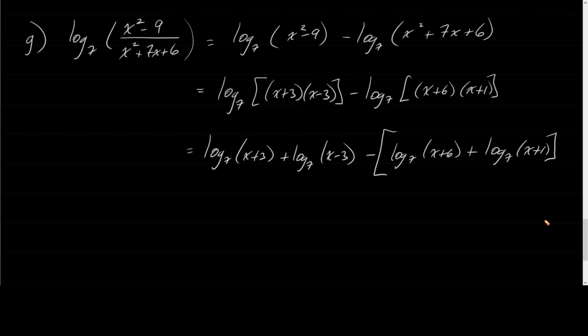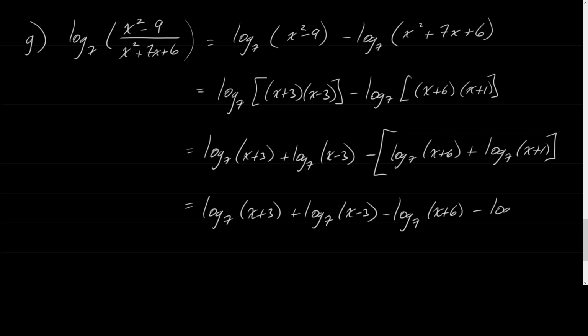In here now, I'm going to distribute this negative so we can get our final answer of log base 7 of x plus 3 plus log base 7 of x minus 3 minus log base 7 of x plus 6 minus log base 7 of x plus 1.